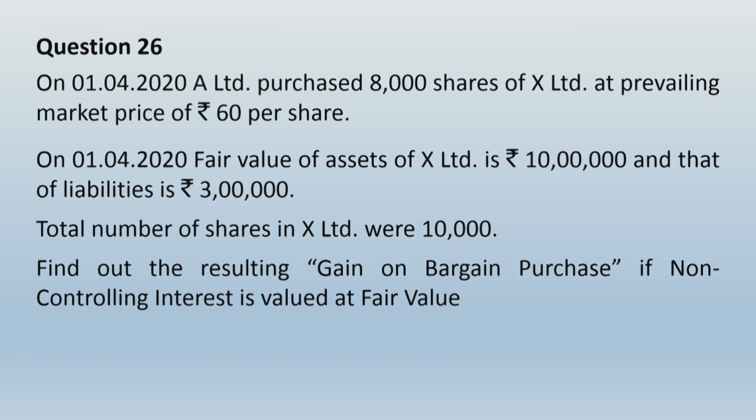So friends, basically you have to make the same type of calculation, the way you approach goodwill calculation, exactly the same way. This will be just a reverse case where the value of net assets is more and the consideration is less. So let us see how to write up the solution.